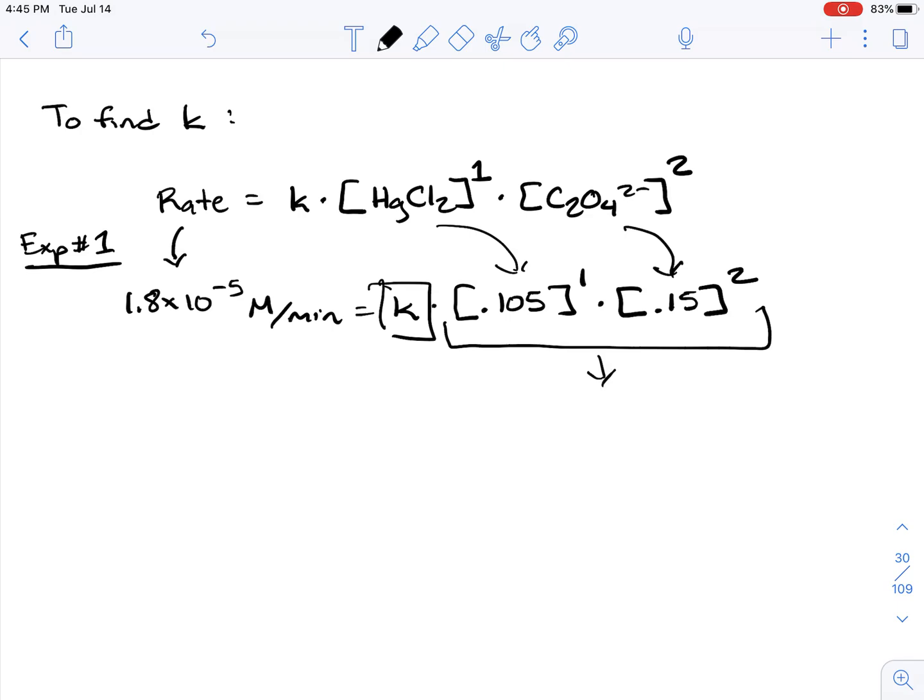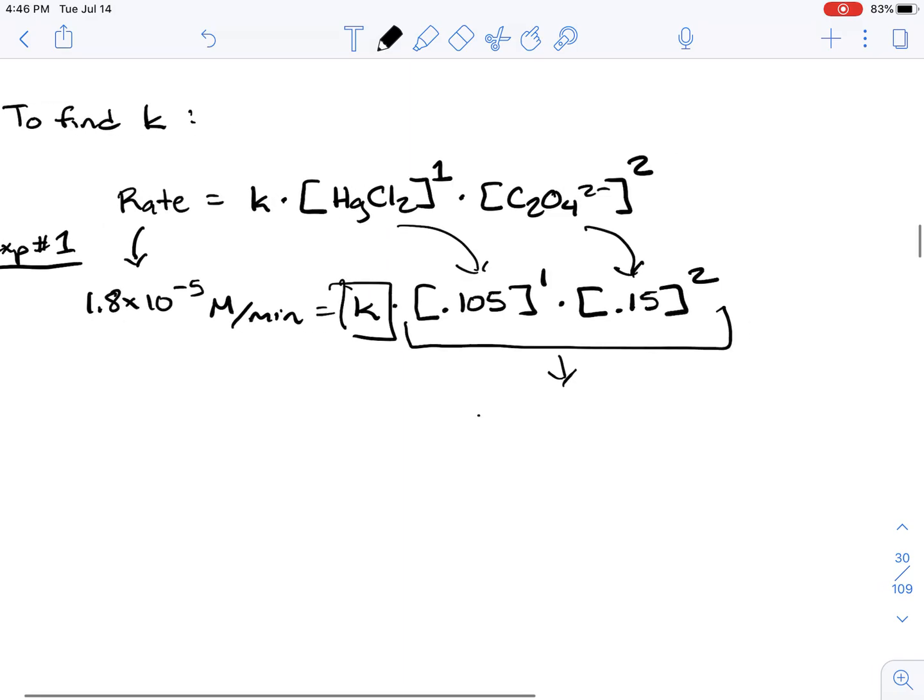So 0.105 raised to the first power is itself, times this by 0.15 squared. And so that's going to be 2.3, or 2.4 if I'm rounding, times 10 to the negative 3.